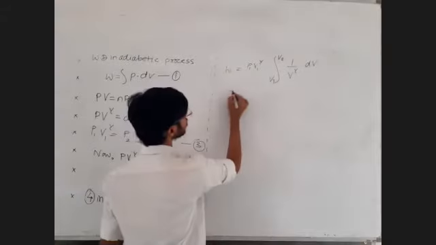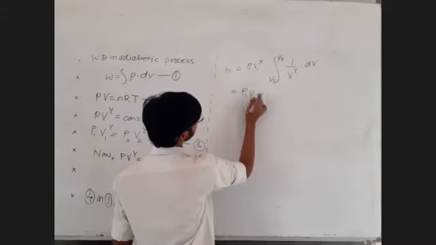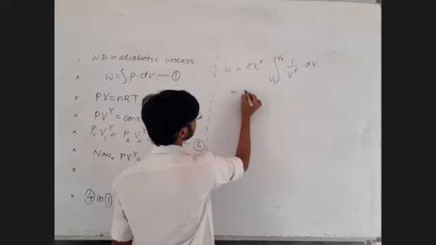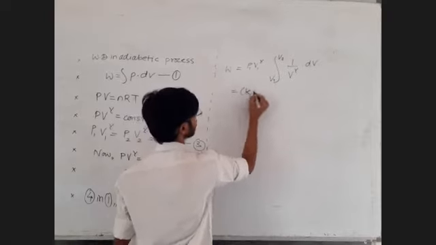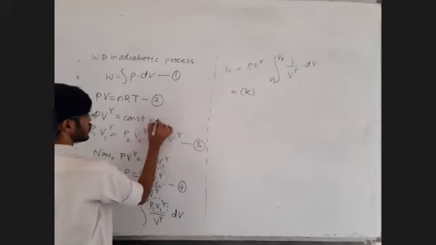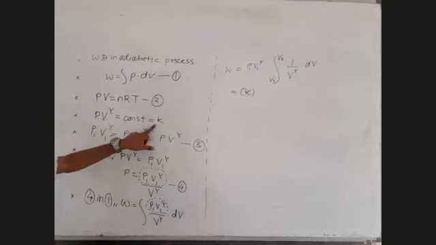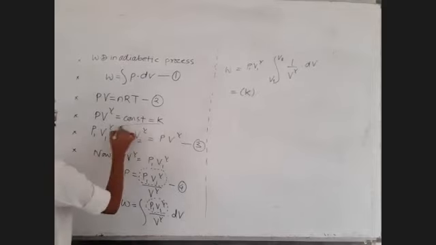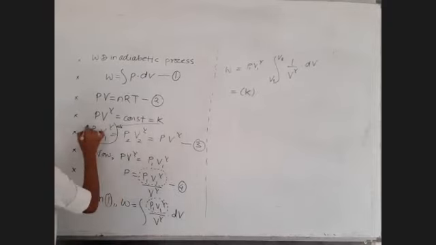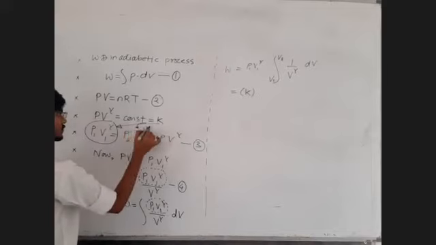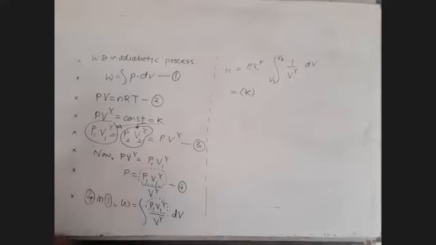Yes. Now it can be written as P1 V1 raised to gamma, or simply any general constant K. Not any general, it should be the P1 V1 raised to gamma constant. This we will call K. Now this K can be replaced by this or by this as per the requirement.